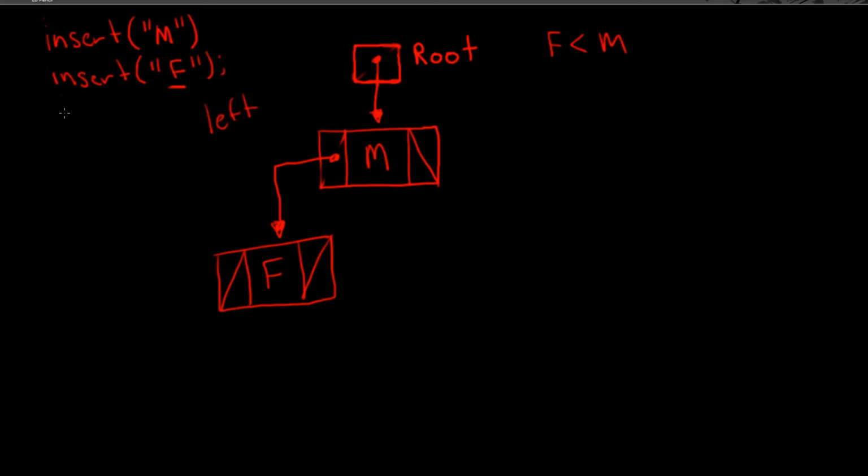Okay, so let's say I need to insert R. So we go here from root. Root is not null. There is no R already in our tree. So then, since R comes after M, R is greater than M, then we need to go to the right.